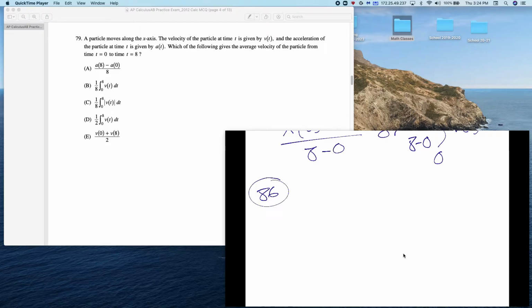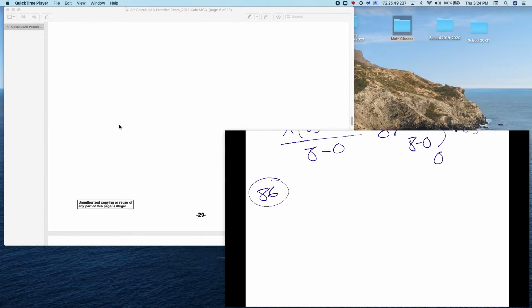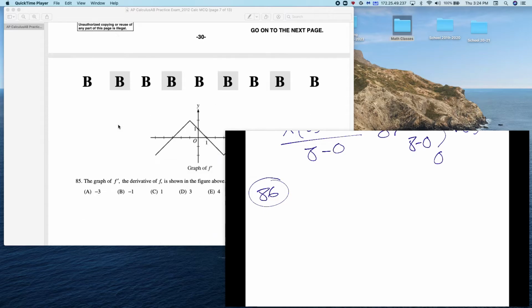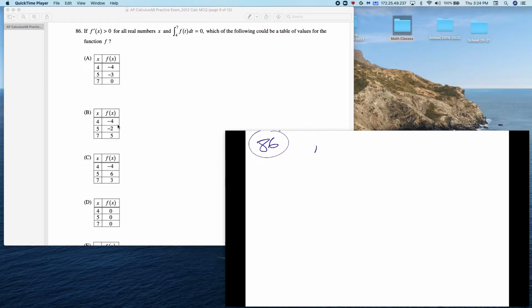Let me get to it here in my notes. 86, I thought, was a little bit of a challenge. But in 86, you're given that f prime of x is greater than 0. So that means f needs to be increasing.